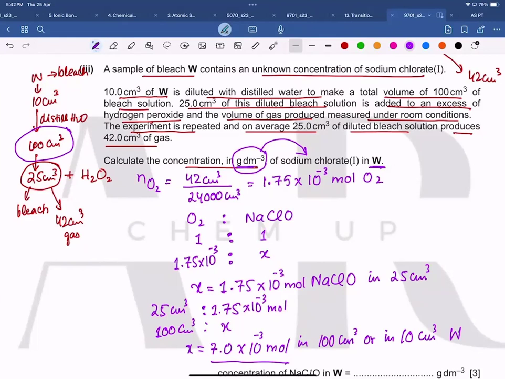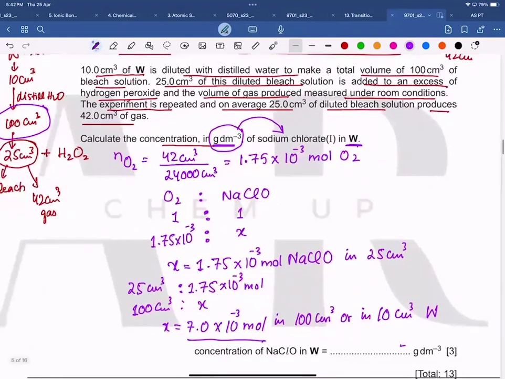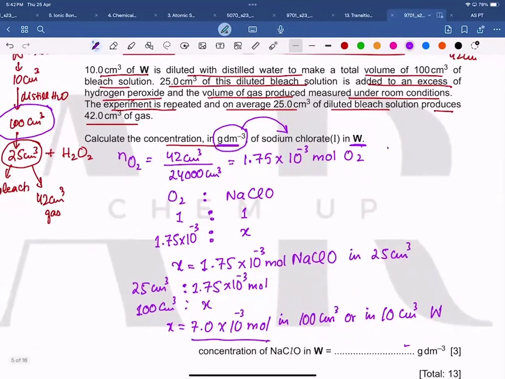They are asking you to calculate the concentration, and the unit they have given is grams per decimeter cube. So you will convert these moles into grams. Mass is equal to moles times MR. So what would be the MR of NaClO?